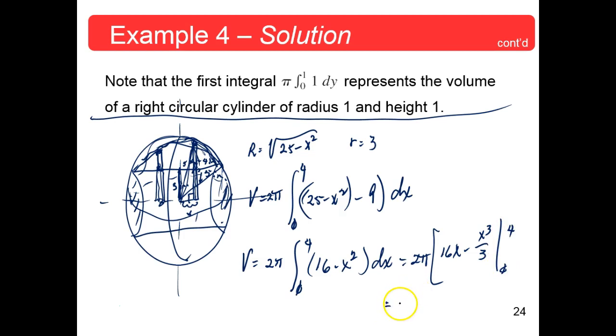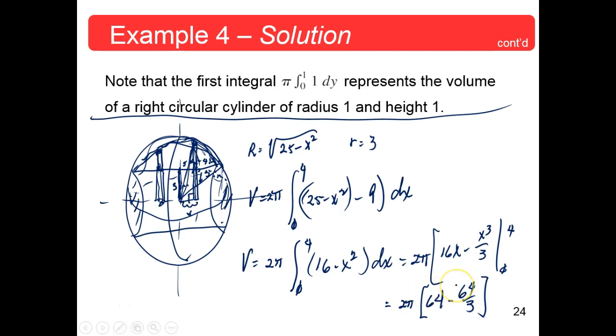So this will be 2 pi times 64 minus 64 thirds. Minus 0. I did the 0 part, okay?